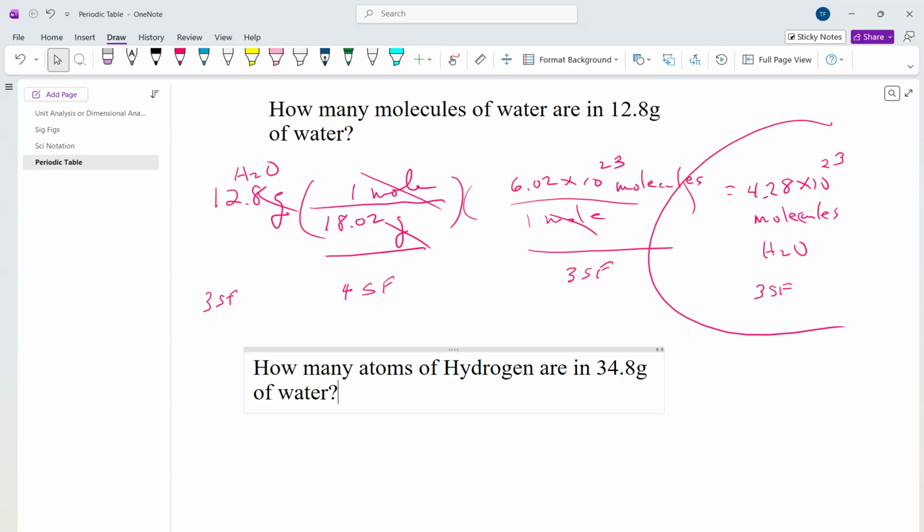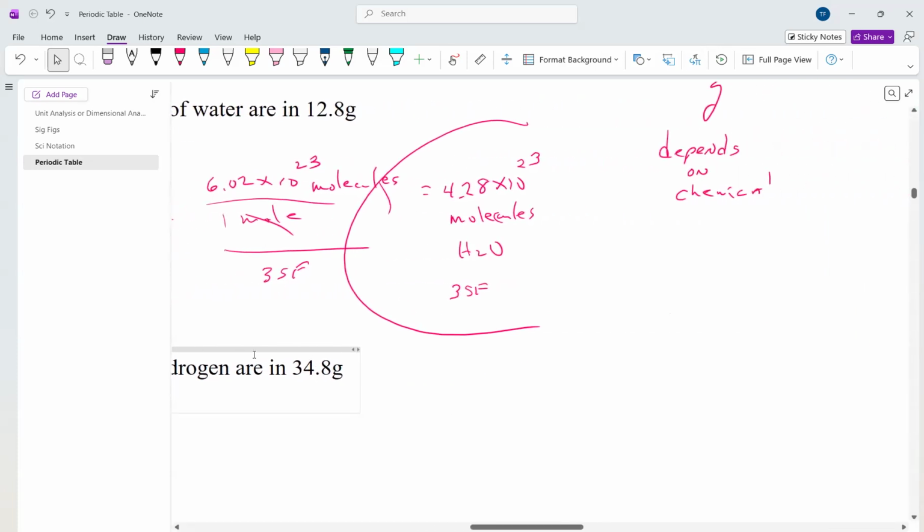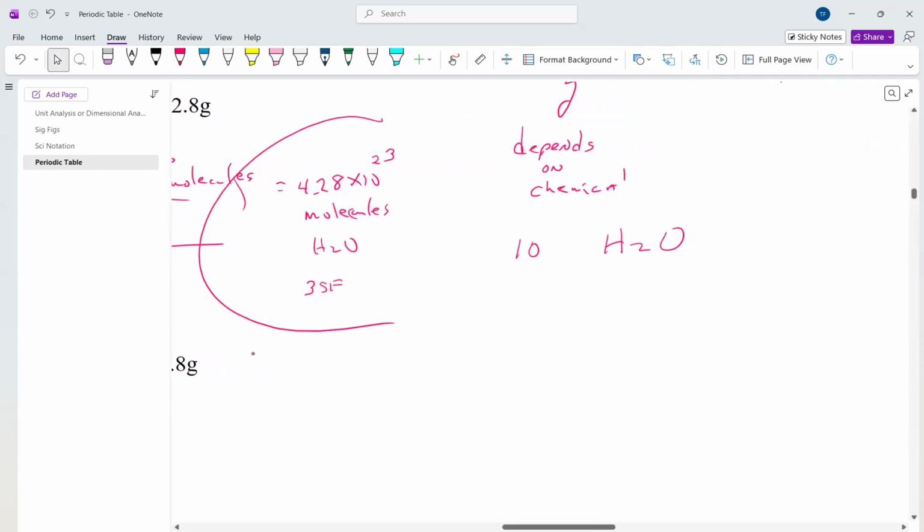Now let's look at water. Molecules of water. How many hydrogen atoms do I have?